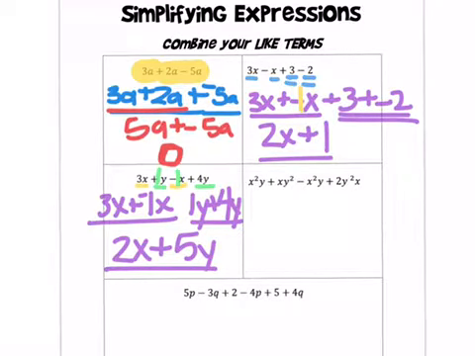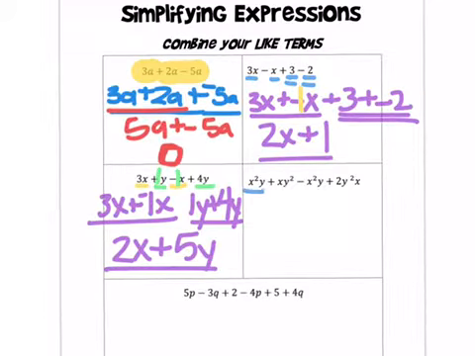You cannot combine the 2x and the 5y to make 7 because they do not have the same variable after them. This fourth example is a little harder because you have to make sure that your like terms are the same. I'm seeing that in some of them, x is squared, and in others, y is squared. So we have to make sure that we combine the correct like terms.